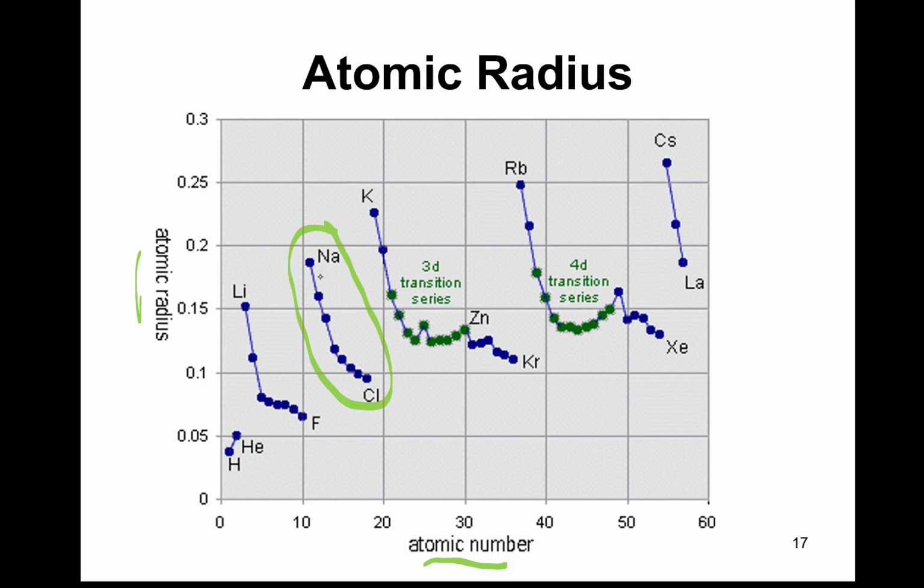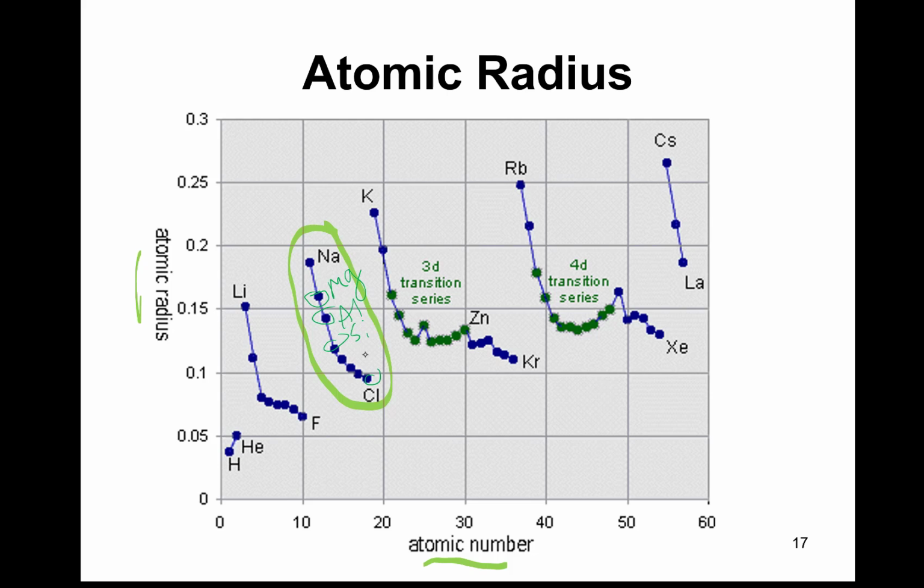Then we go down to magnesium. So that's the atomic radius of magnesium, which is smaller than sodium. Then aluminum is even smaller. Silicon, till we get to chlorine. So we see that the general trend across that period is the atomic radius is getting smaller.